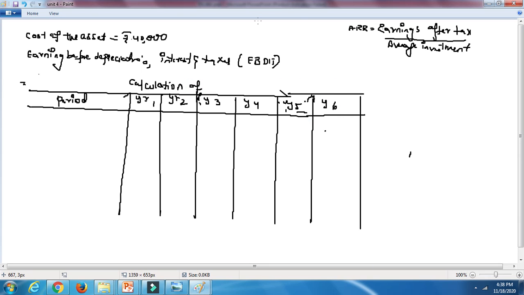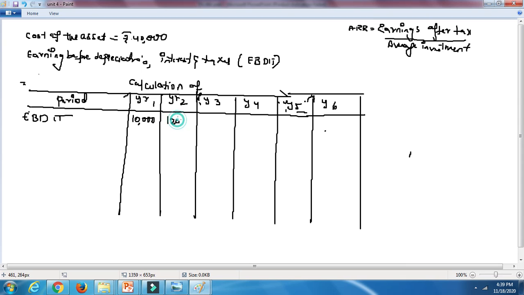So here in the question he has given you the information. First of all, earnings, EBDIT, let's take that information. I'm just writing the short form, it's there above, right? First year it is 10,000. We are going to take all the years' information that has been given in the question.